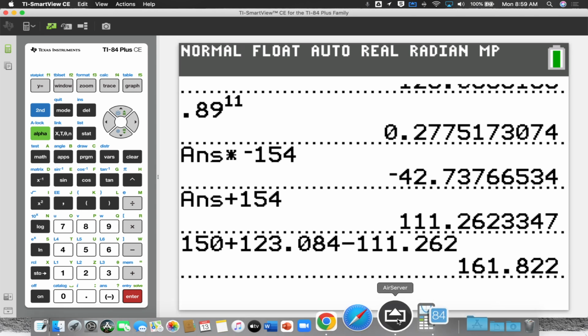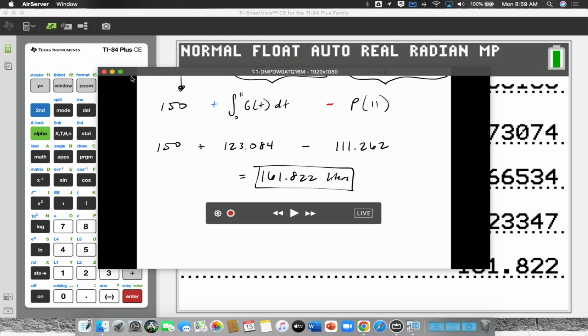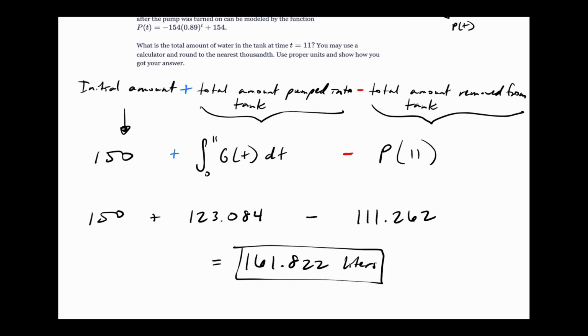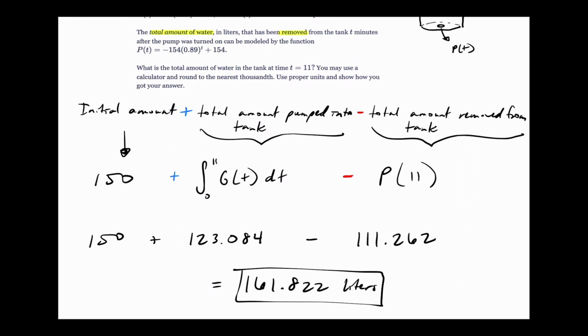Okay. That's how much is at time 11. At time 11, if I were to stop the clock and weigh how much water was in there, it'd be 161.82 liters.